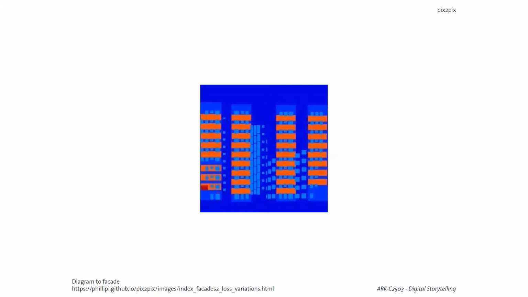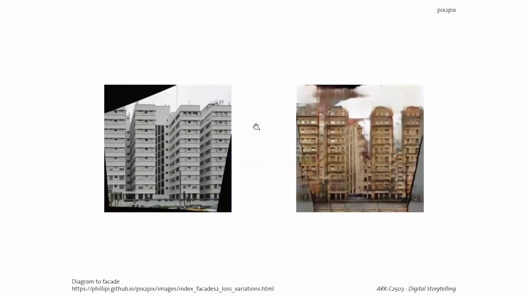So this is actually a modernist style high rise, and this is the example. Here we see the ground truth on the left, and on the right we see the output of the network.